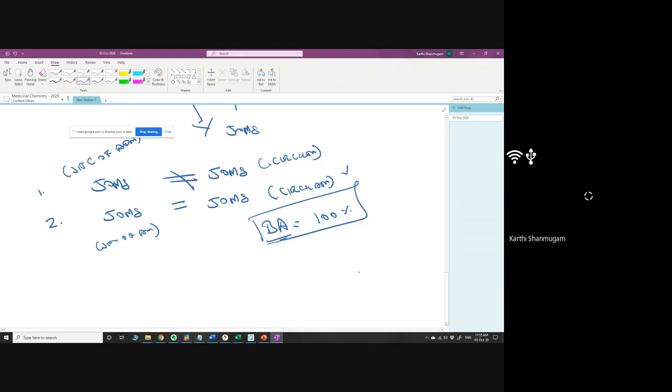So that's why we have to study the various factors which are going to decide the rate of absorption, distribution, metabolism, excretion.